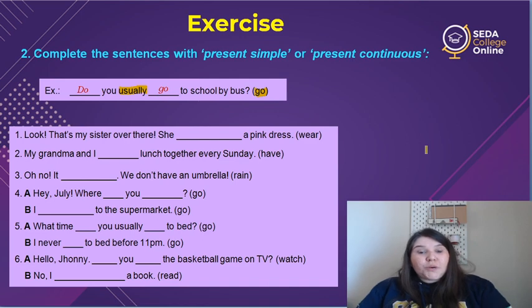Few more seconds, write down your answers, all right? We're going to check them in a little while.